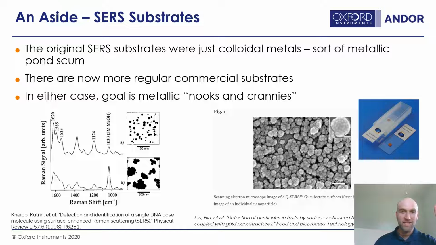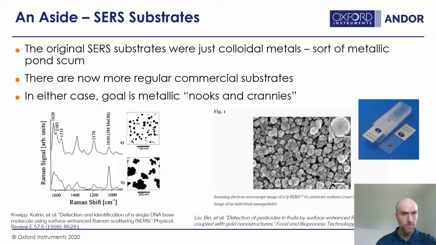SIRS substrates. The original SIRS substrates were just colloidal metals, sort of a metallic pond scum. If you have metal ions in solution and you reduce them, reduction is gaining, yes, OIL RIG, then you form sort of metallic pond scum on a microscopic scale.